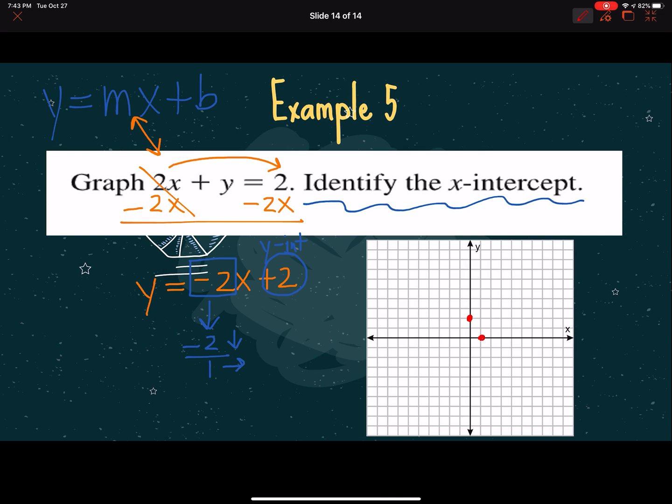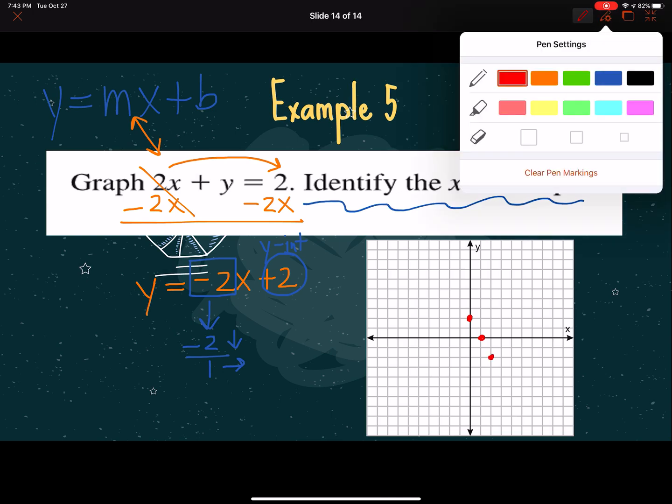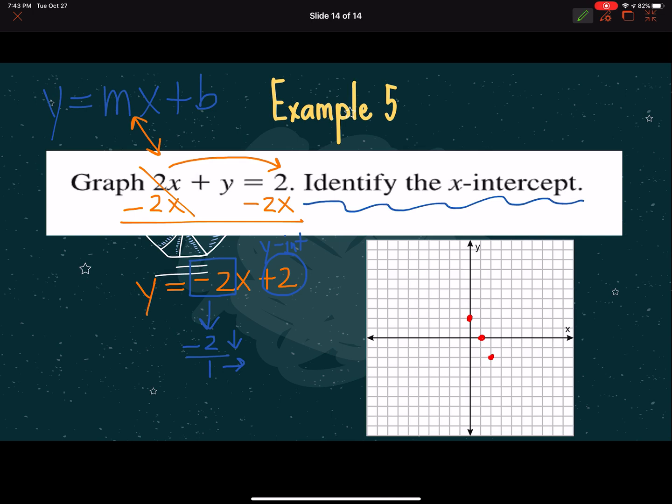And again, I can count down 2 over 1 to make a more accurate line if I need to. And I'm going to connect those horribly, but that's what I would do with my straight edge, or on our Big Ideas math program, it connects that for you.